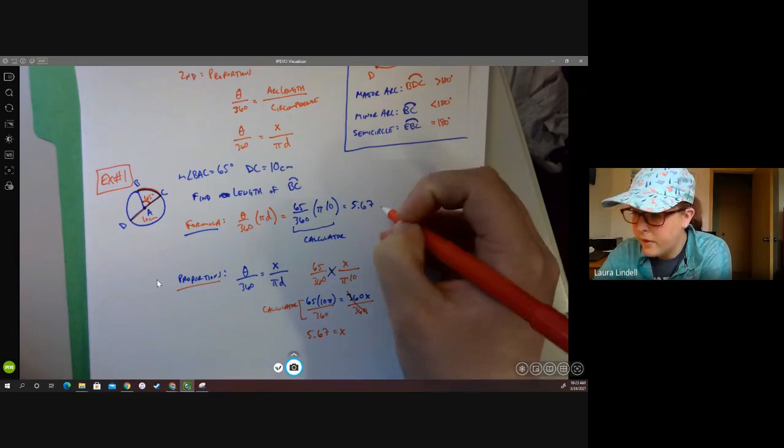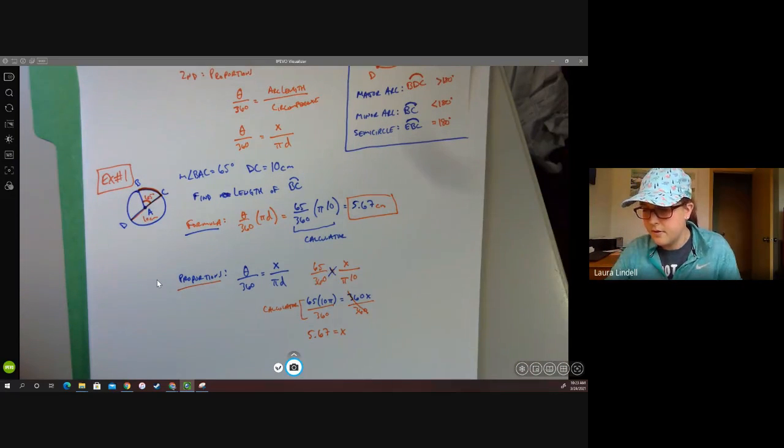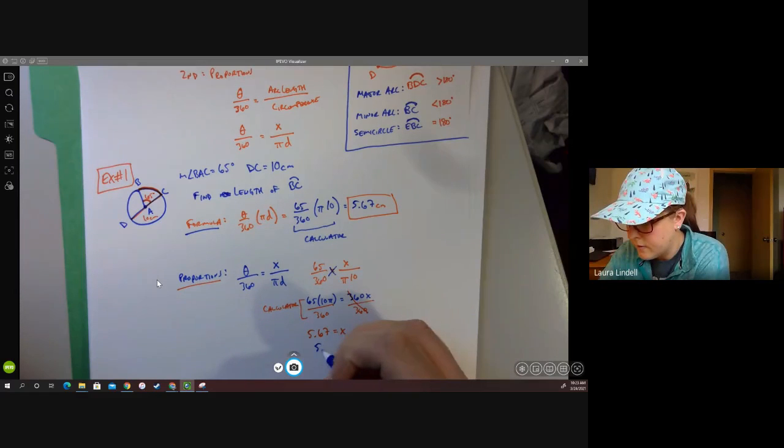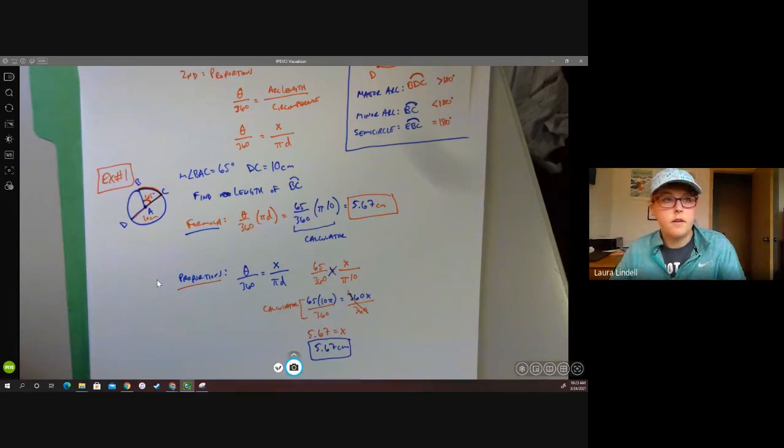All right. So either way, we should get 5.67 centimeters. Okay. So I've shown two ways. We have the formula method and the proportion method.